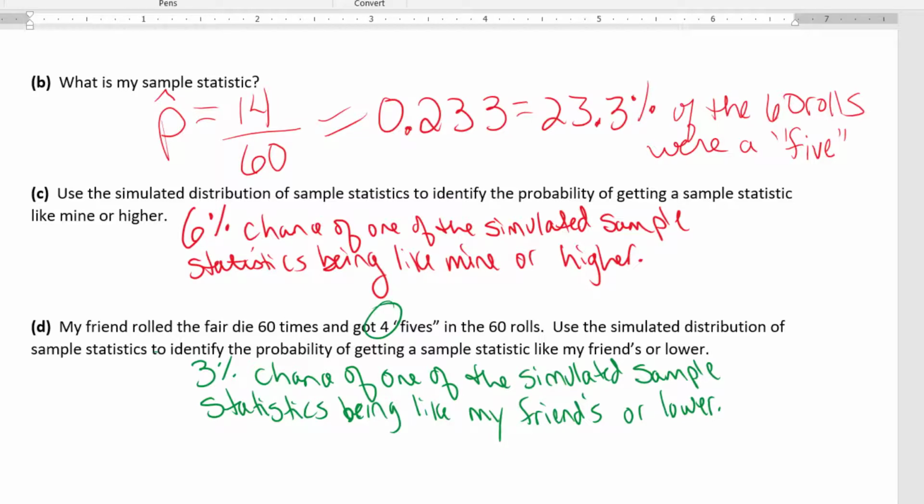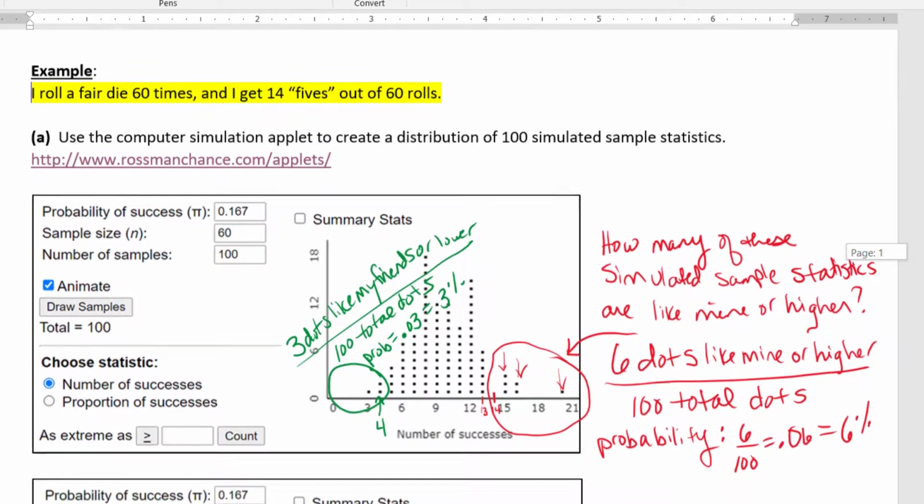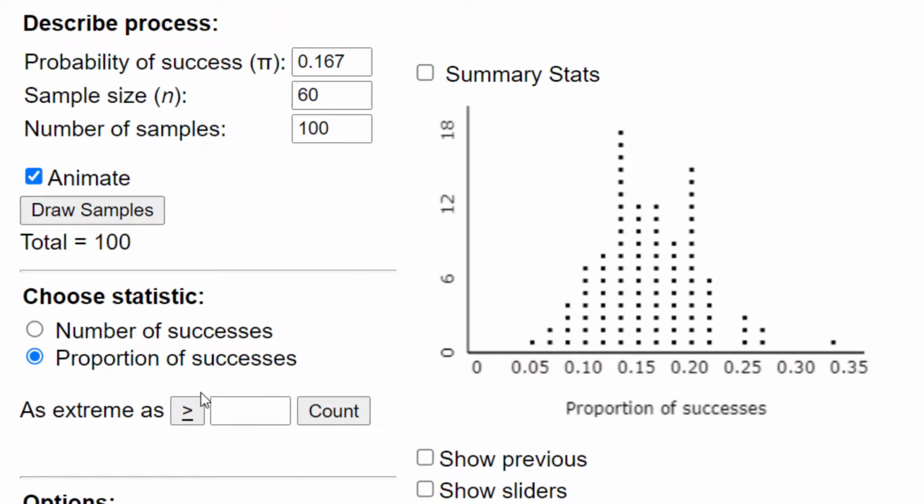I want to now show you that you can actually have the computer applet do these probabilities for you. My sample statistic, remember, was 14 out of 60. So if I go into the applet and you see this area down here at the as extreme as row, you put your sample statistic here, first making sure that you're entering a value that corresponds with either number of successes or proportion of successes accordingly.